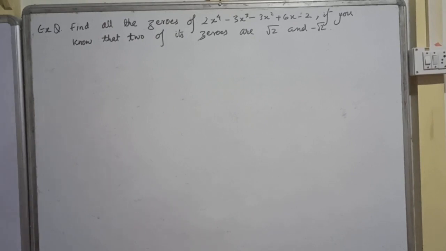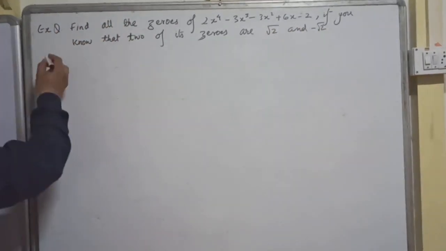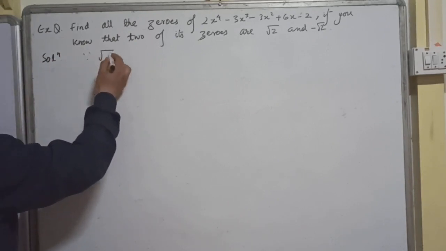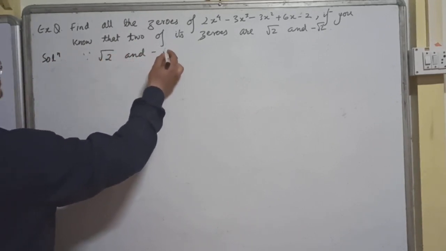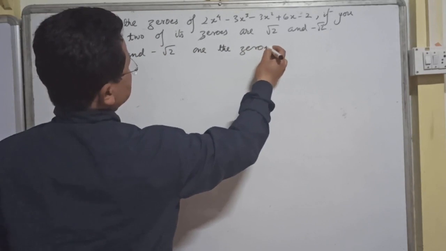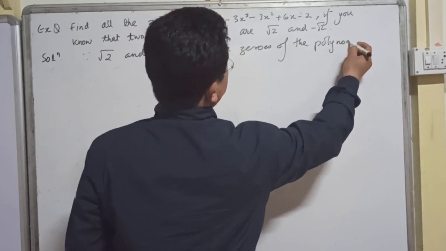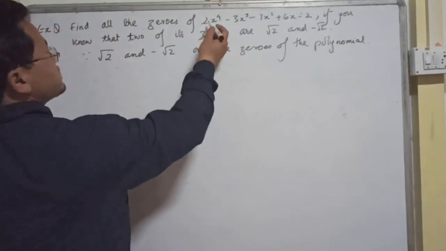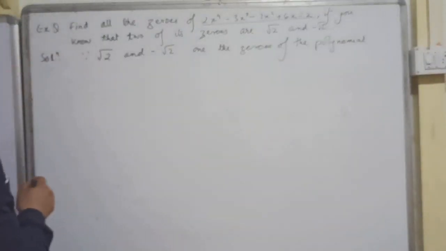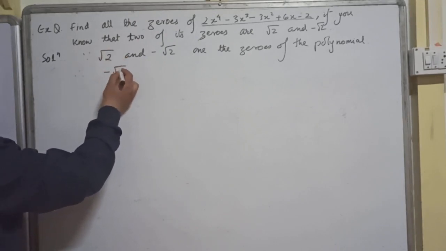So what we must do here is, since root 2 and minus root 2 are the zeros of the polynomial, and here the polynomial is this polynomial, therefore, whenever it is positive, we write negative.